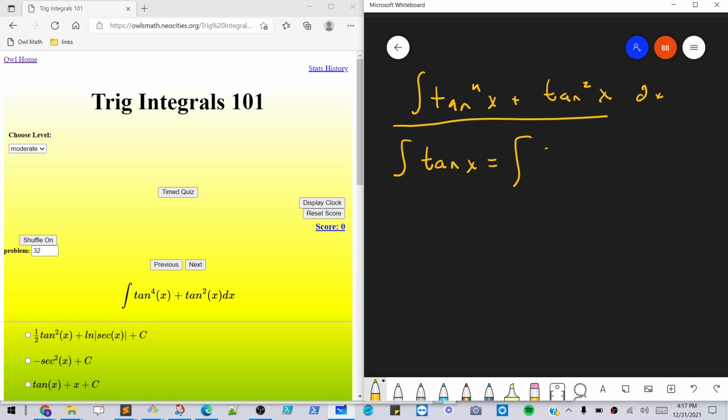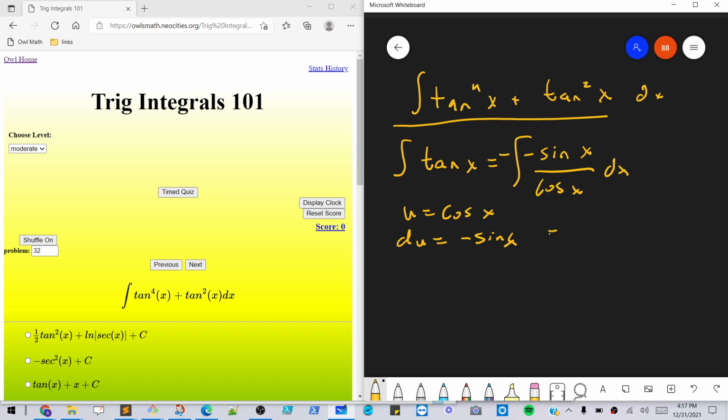And we can break that down like sine x over cosine x. We could do a u substitution, u being cosine of x, du equals minus sine of x. Doing the substitution, I'm just going to add a negative there and a negative there so that I'm not changing the expression.